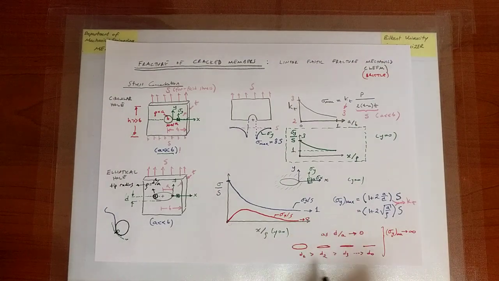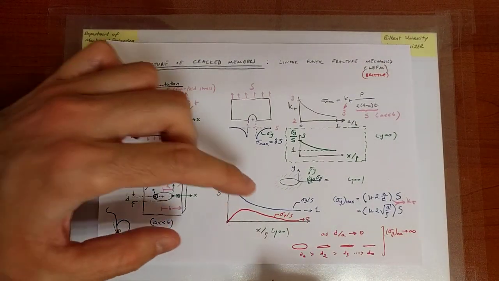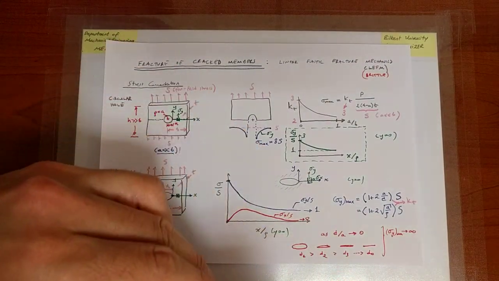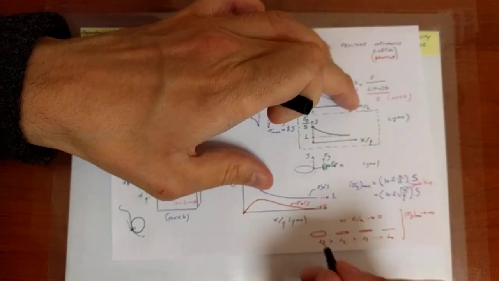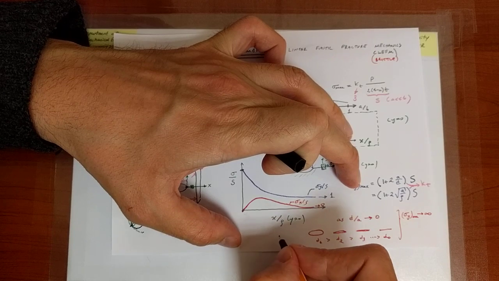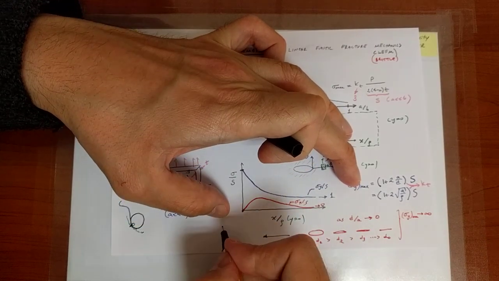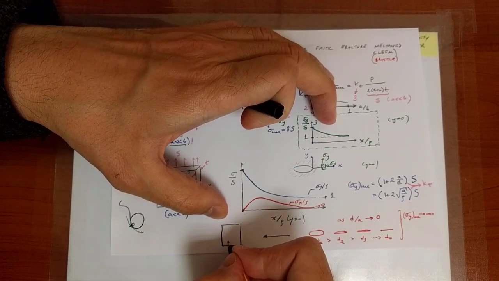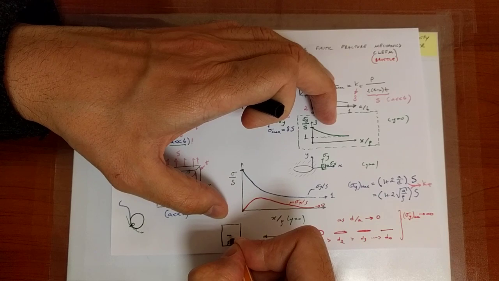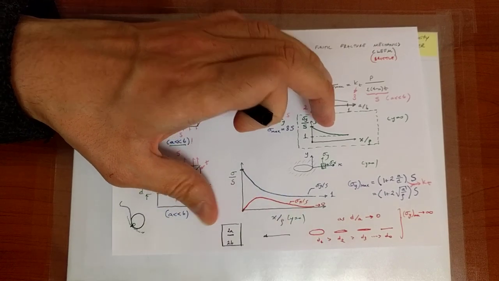Now, in this scenario, the way I'm going to depict the geometry of the plate is simply through a picture where I will draw a plate of width 2b, which has a crack of width 2a.